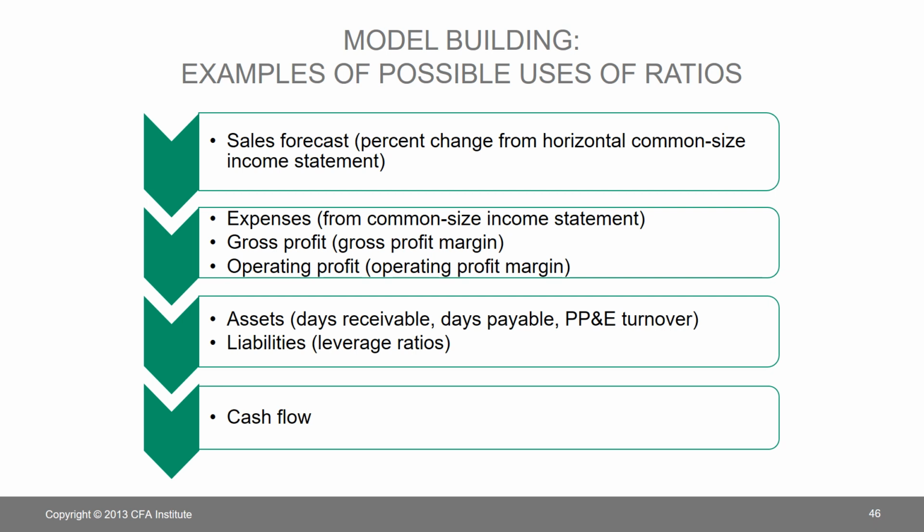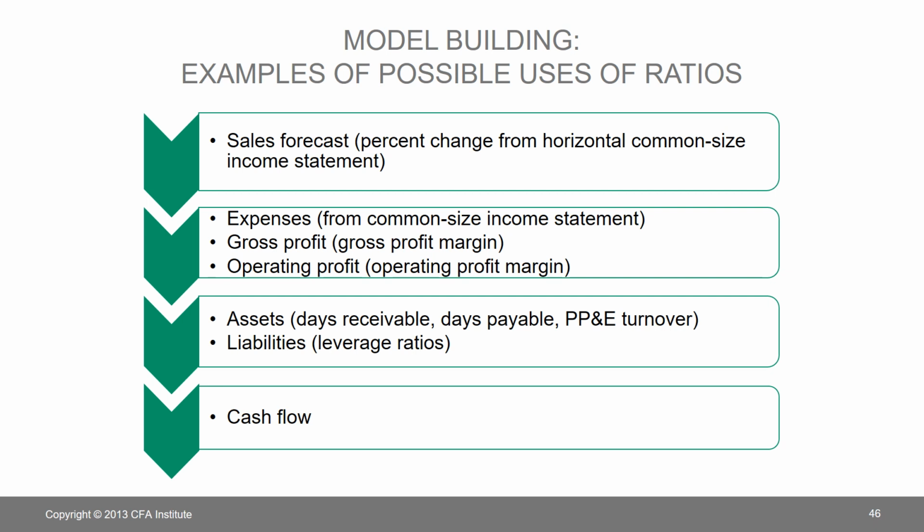An analyst may use historical common size data as an input to developing expectations about specific expense line items. The gross profit margin could be used to forecast gross profit directly or to forecast cost of goods sold. And the operating profit margin could be used to forecast operating profits directly.